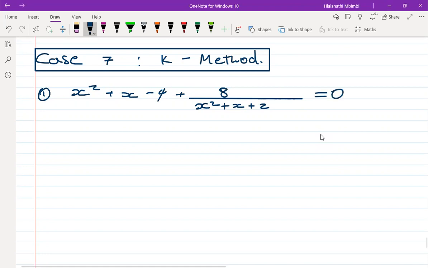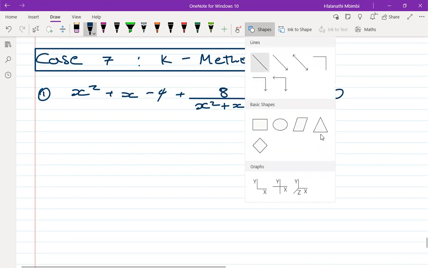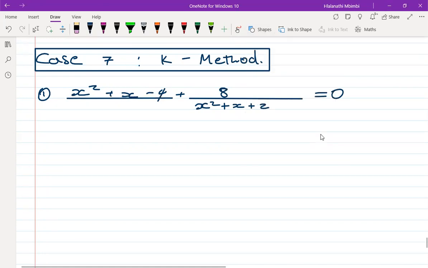Now let me tell you, if you were to think of this as that term and that term, and you think about that expression over here as just over 1, and you multiply by x squared plus x plus 2 throughout, it's a disaster, because once you've multiplied that, your highest degree would be 4.